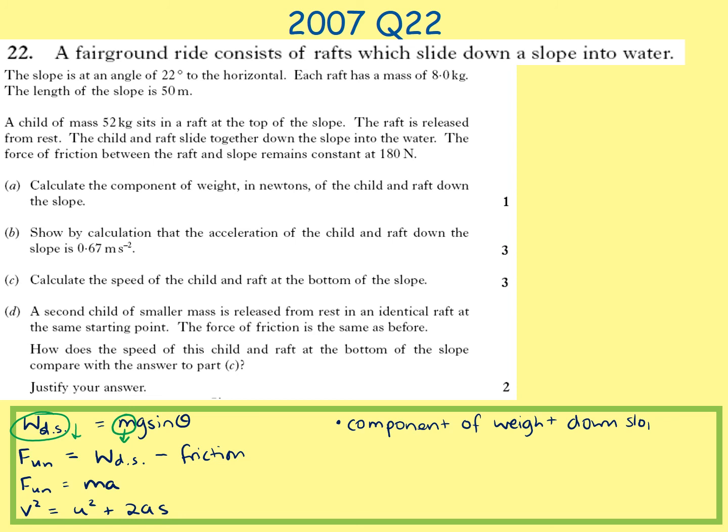Looking at our next equation, if our unbalanced force is decreasing and our mass is decreasing, then to keep that equation balanced, our acceleration must also decrease. So there we go, third little bullet point. The acceleration of the child and raft decreases.